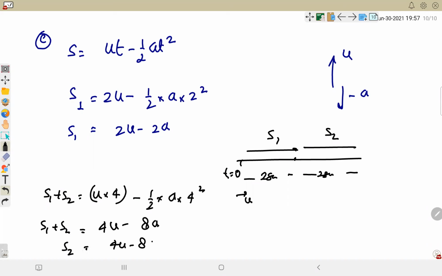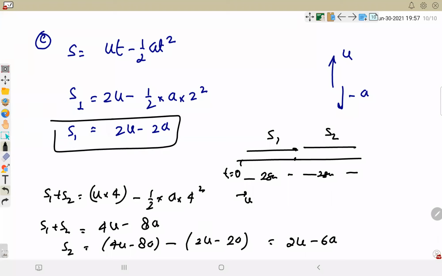S2 will become 4u minus 8a minus 2u minus 2a, right? So then it will come out 4u minus 2u, that is 2u, minus 6a.